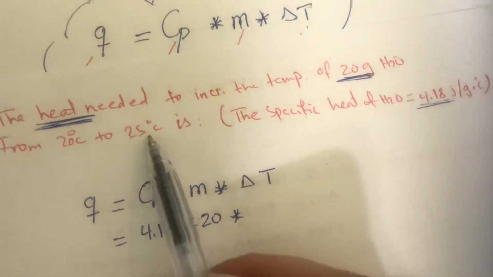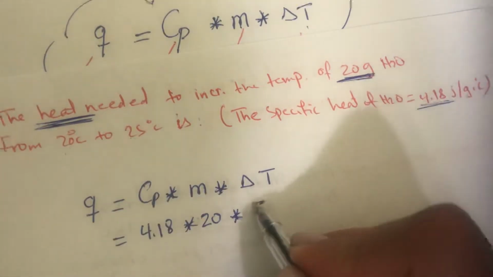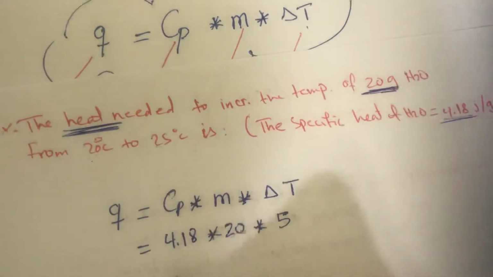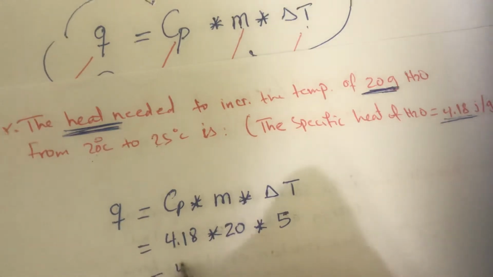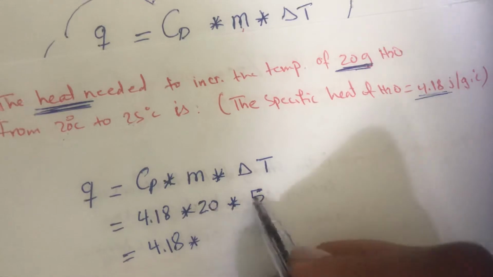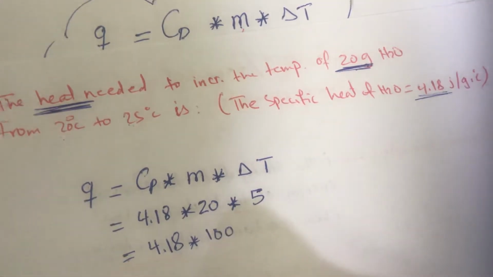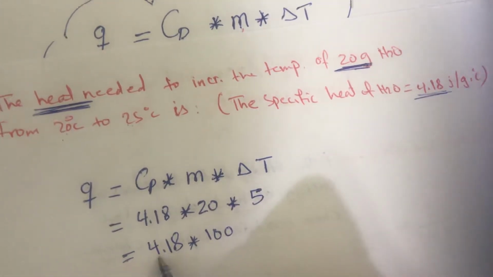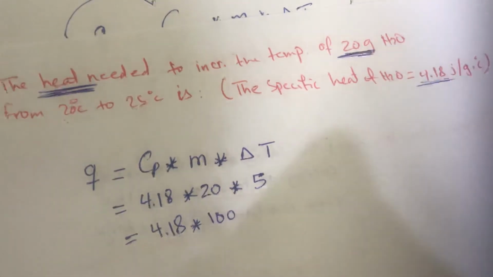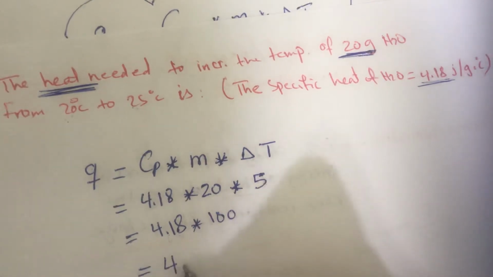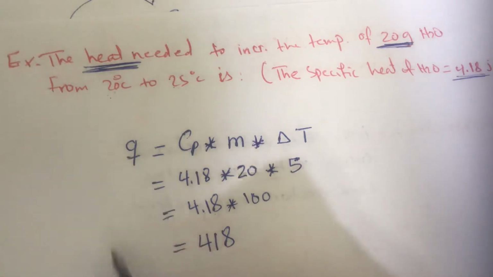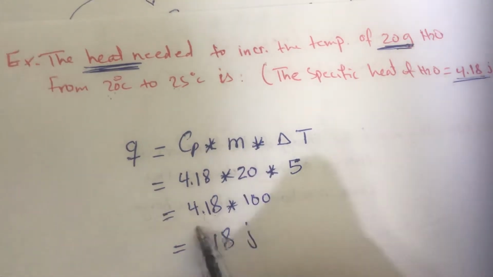So from 20 to 25, the change is 5 Celsius degrees. Which is equal to 4.18 times 20 times 5, 100. So when you multiply 4.18 times 100, you have to move the decimal 2 units. So the answer is 418. What is the unit for heat? It is joule.